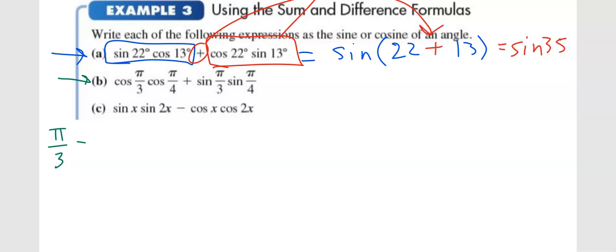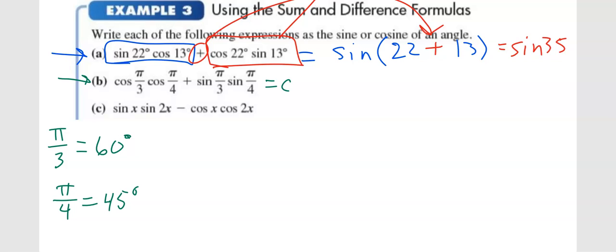How many degrees is that? That's 60, right? How about the pi over 4? 45 degrees. Okay, yeah, folks, the unit circle's not going away. We do need to know radians and degrees. We need to know sines and cosines, that kind of stuff. It'll never leave you, ever.